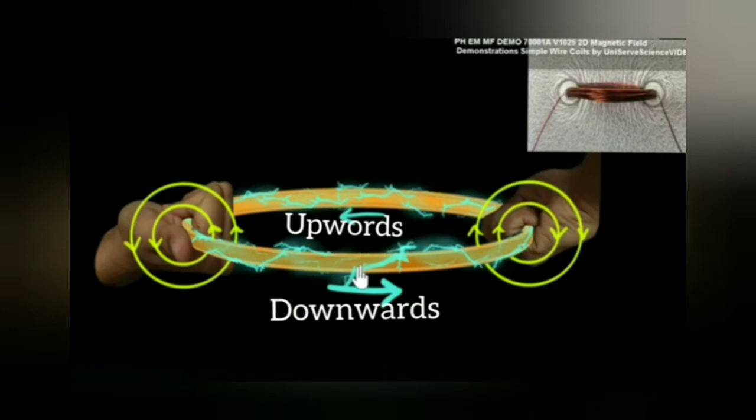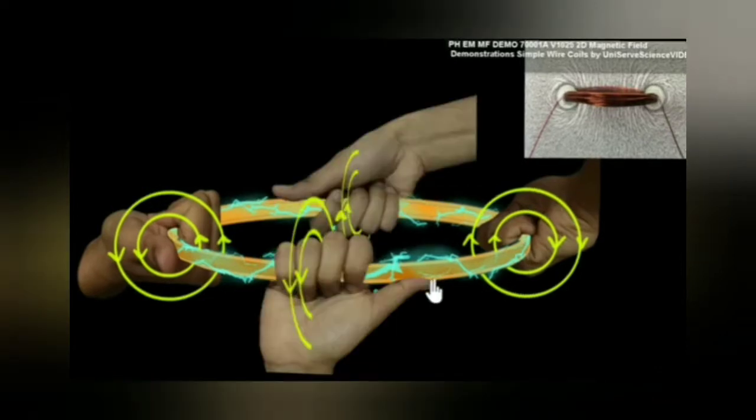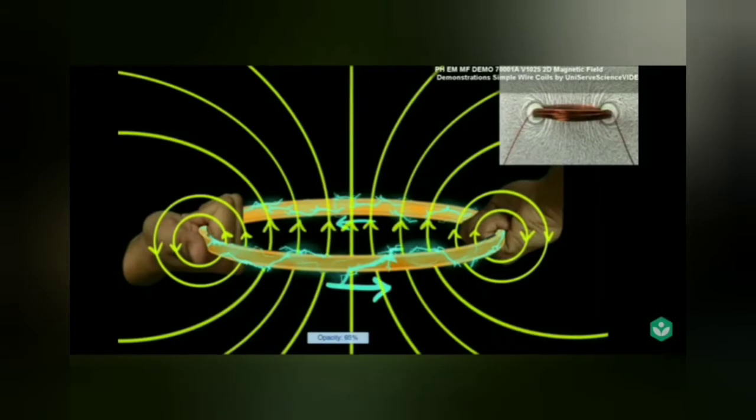So let us recall, inside the loop it is pointing upwards, and outside the loop it is pointing downwards. Now let us imagine the complete picture. Look at all the field lines. Inside the loop, the direction of magnetic field is upwards, and outside it is downwards.